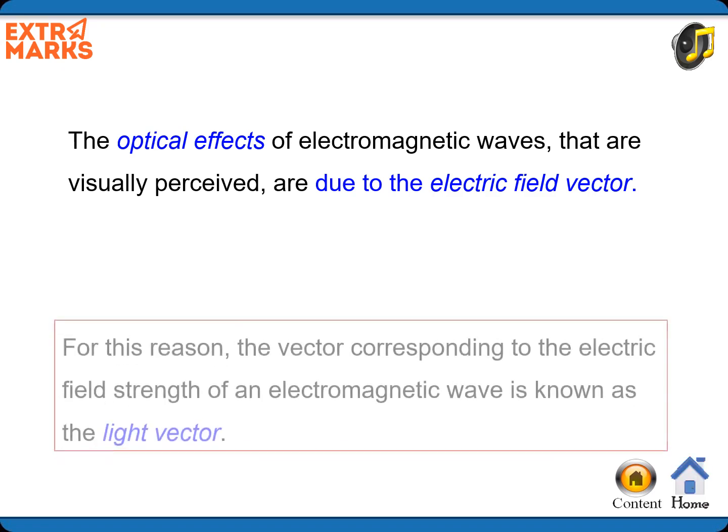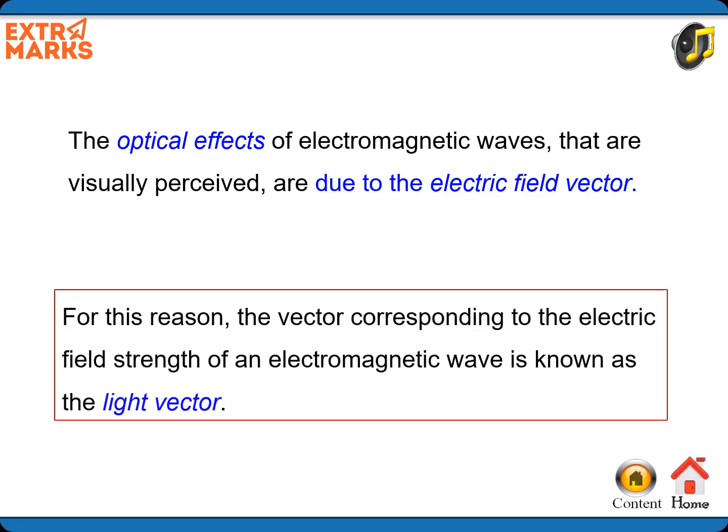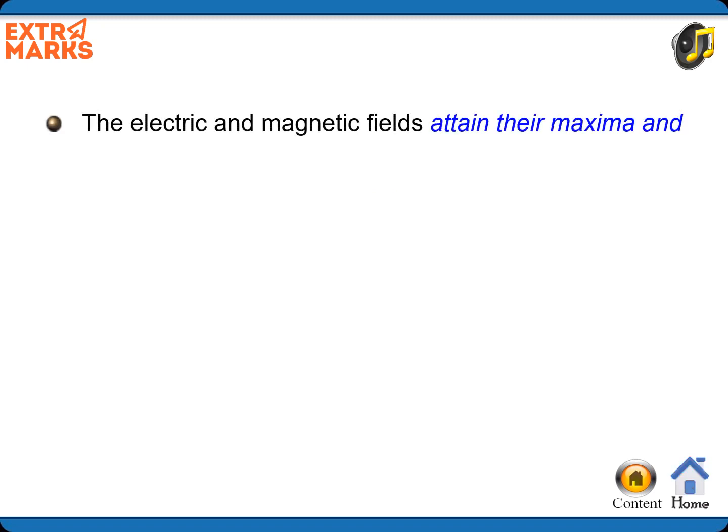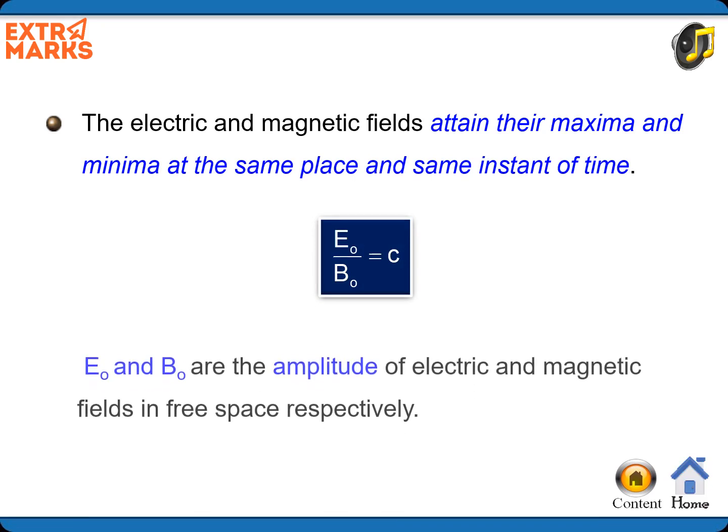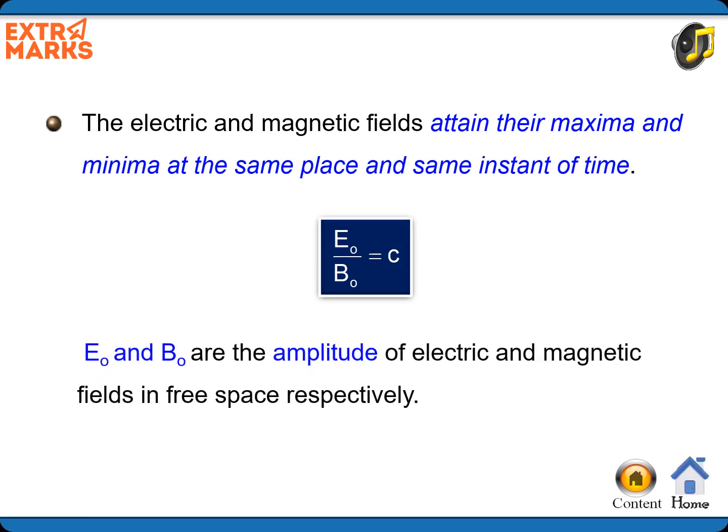For this reason, the vector corresponding to the electric field strength of an electromagnetic wave is known as the light vector. The electric and magnetic fields attain their maxima and minima at the same place and same instant of time. In the shown expression, E0 and B0 are the amplitudes of the electric and magnetic fields in free space respectively.